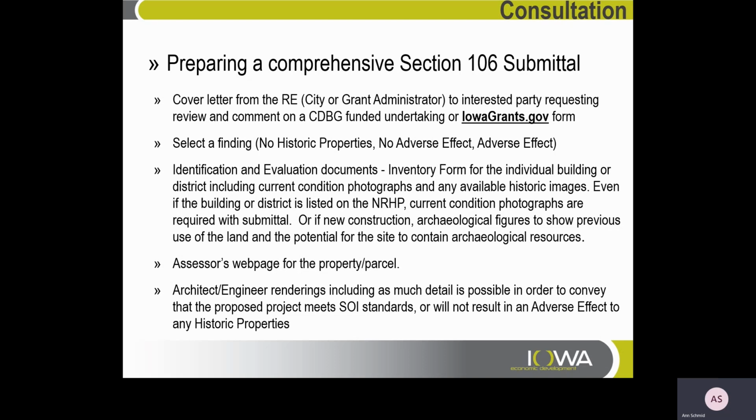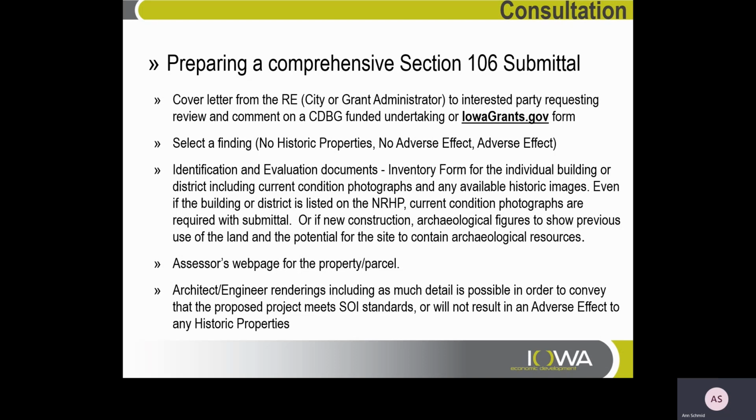In general, we're going to talk more specifically about how to submit your consultation to IEDA through our iowagrants.gov. But this list is the same list as if you were to send things to other interested parties, perhaps tribes or a historic preservation commission. You're going to want to convey the project, talk about how you made your finding, and provide your identification and evaluation documents.